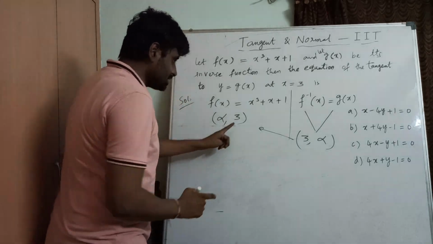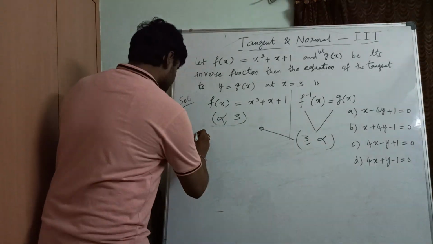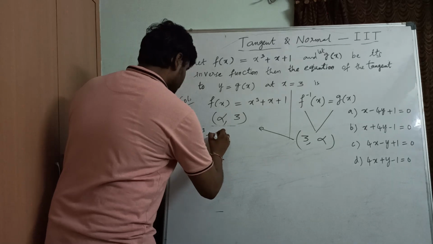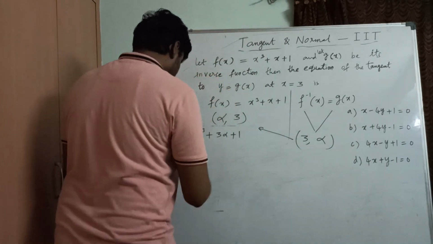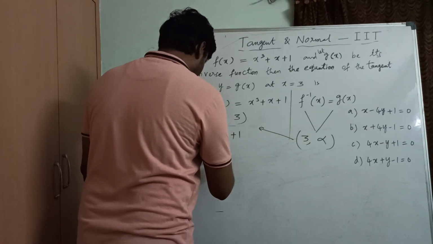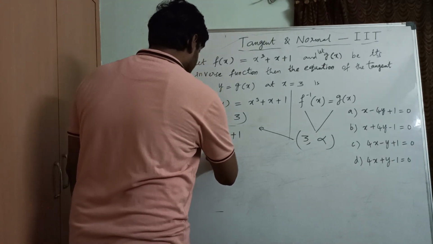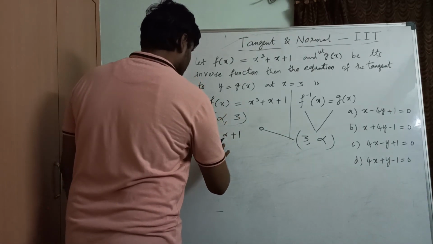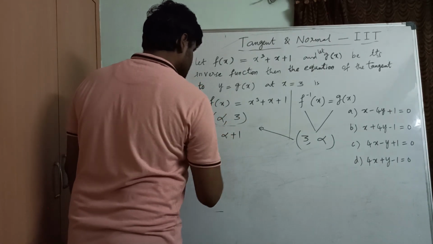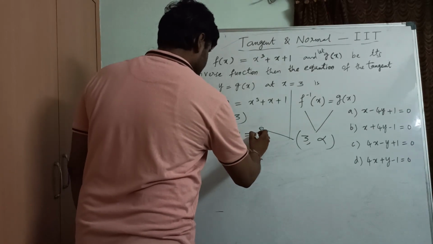So let us substitute alpha comma 3 here. Alpha comma 3 must satisfy this equation. So alpha cube plus alpha plus 1 must be equal to 3.